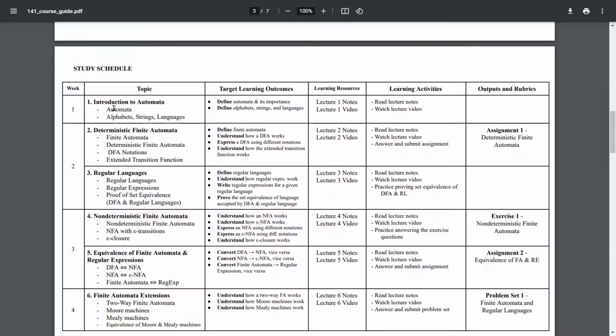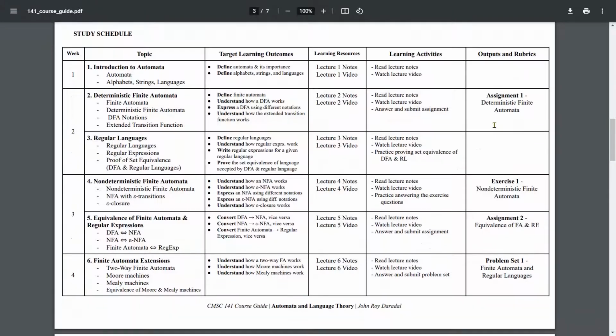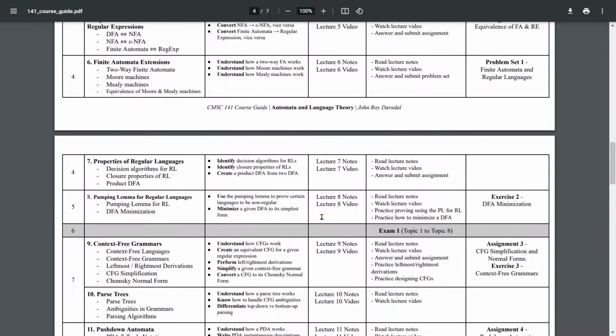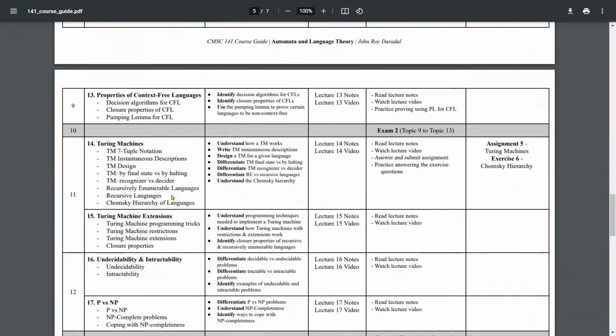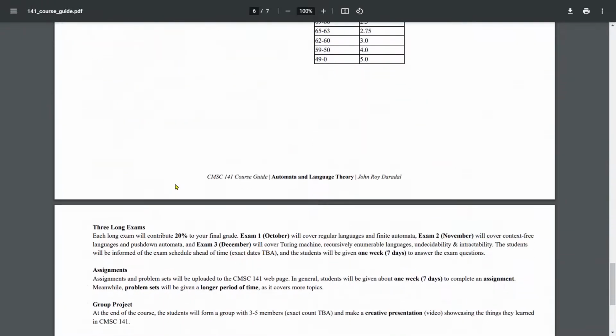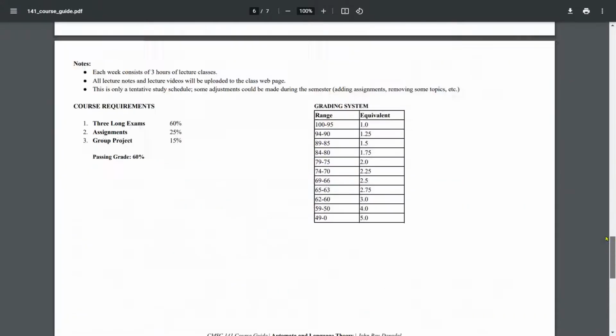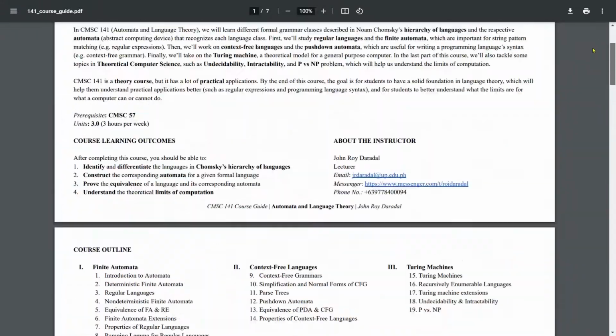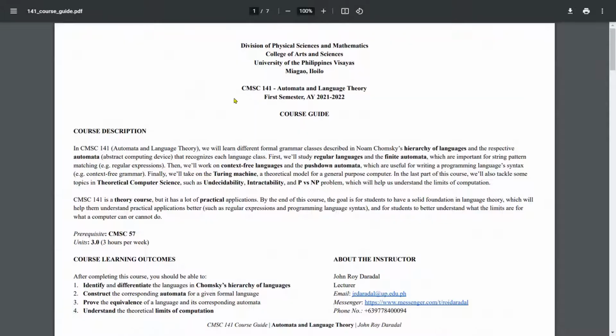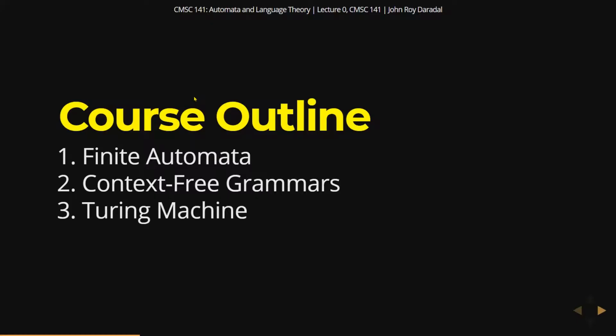So you have the schedule here, you have the topics with their subtopics, target learning outcomes, resources, activities, and output rubrics. So you can read up on the course guide for the detailed version of the course outline, basically. Okay, so this is available in the course web page.